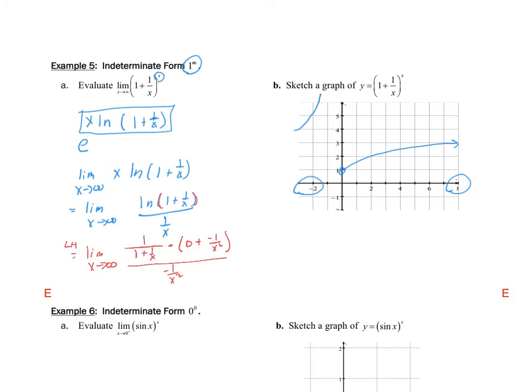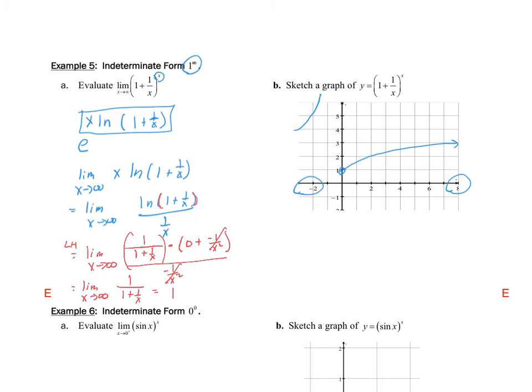Right, so then since these are being factored, multiplied together, these are factors, these should simplify off. So we really have our limit as x approaches infinity of 1 over 1 plus 1 over x. So if I take that to infinity, then I should have the value of 1.